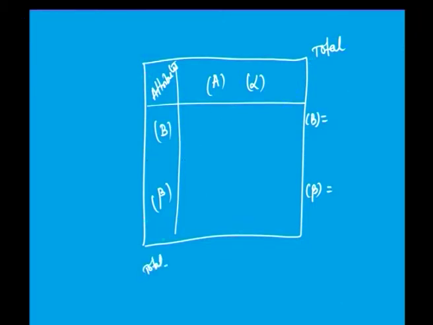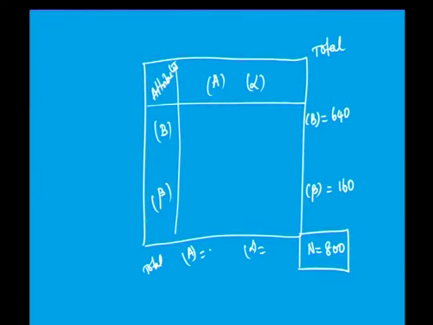Here you are going to get the grand total n, which is given to be equal to 800, and we have found out the B value also. B value is 640 and beta is 160.